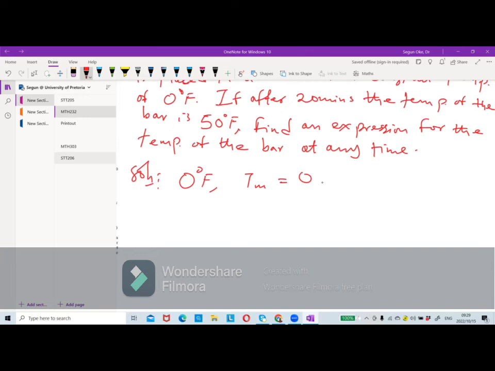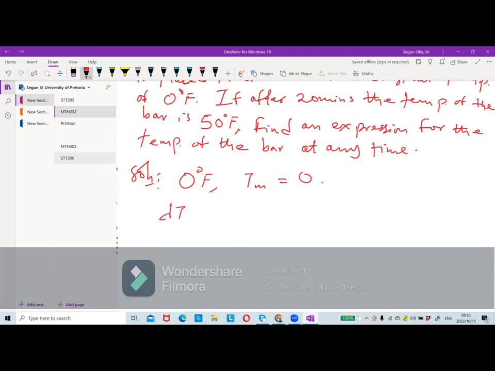Do you agree with me? Yes, sir. Our Tm is equal to 0 because we already defined the Tm to be the temperature of the surrounding, the room or the medium of a particular area you find yourself.